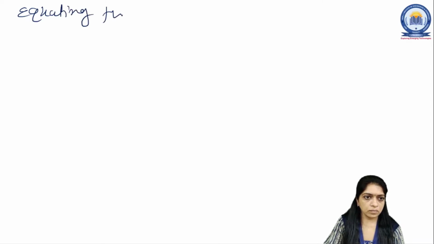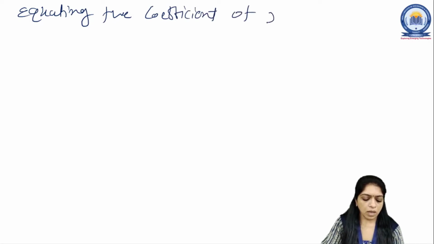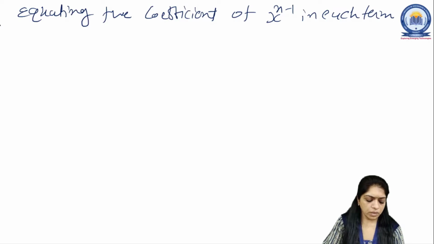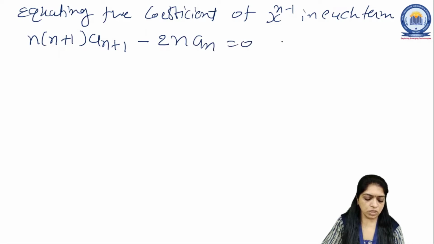Equating the coefficient of x raised to n minus 1 in each term, n plus 1 into n a n plus 1 minus 2 times n a n equal to 0, where n is greater than or equal to 1.